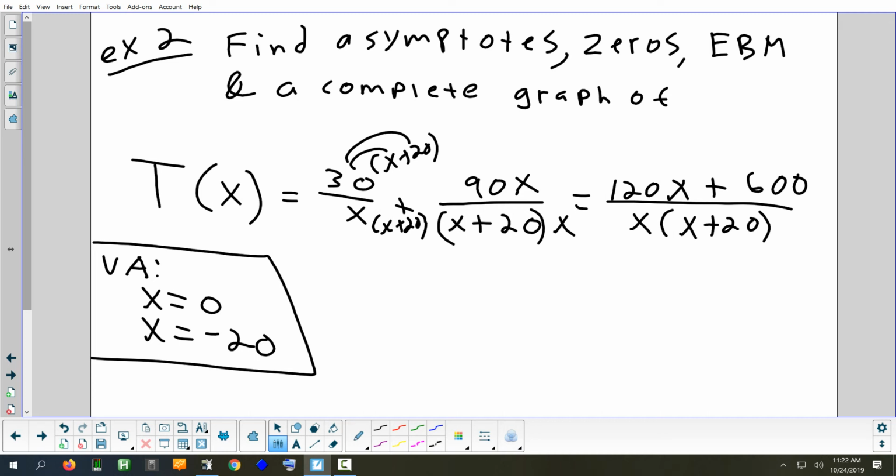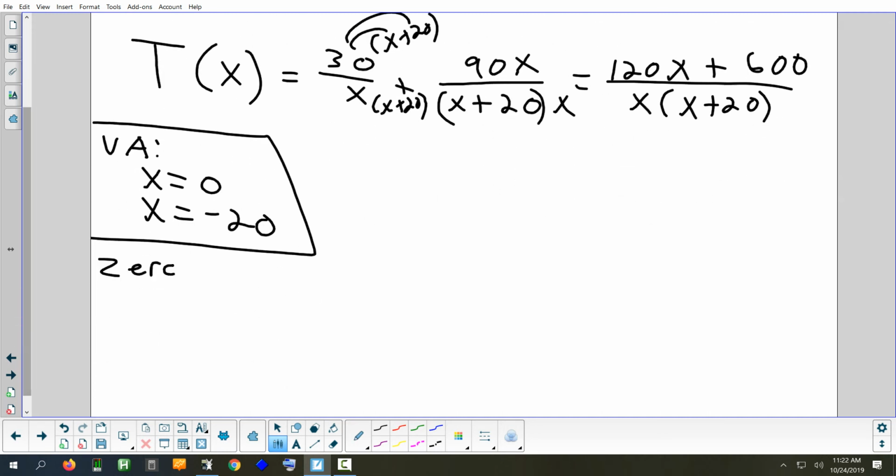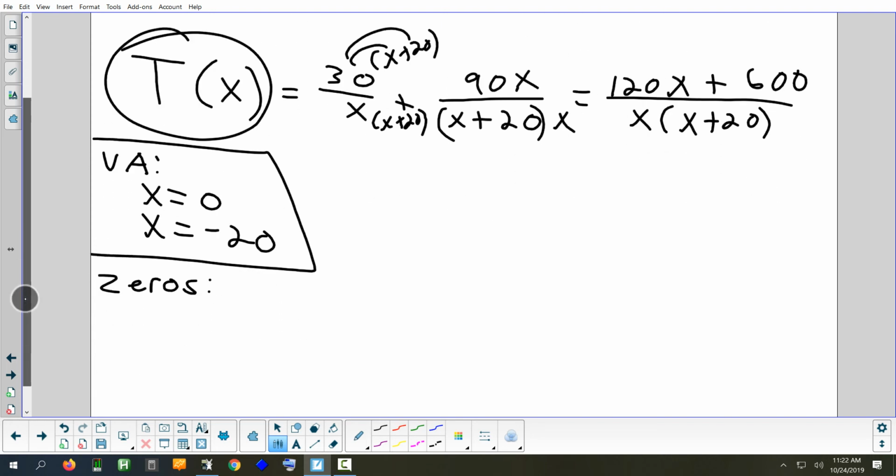Now I think the question is easier. Could the numerator ever be 0? Sure. So that's how we're going to find the zeros. It's a value you plug in for x and get 0 for y. Well, the only way a fraction can ever equal 0 is if the top is 0. So let's see what we get.